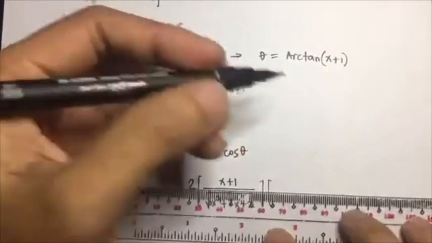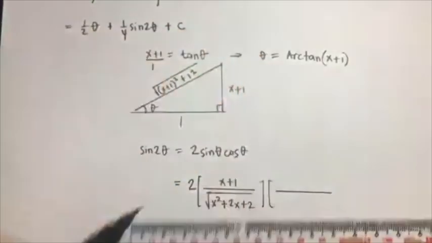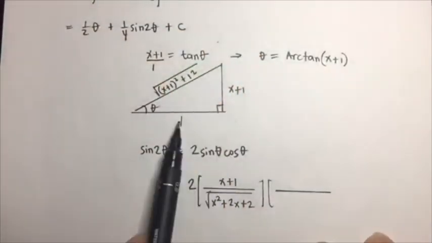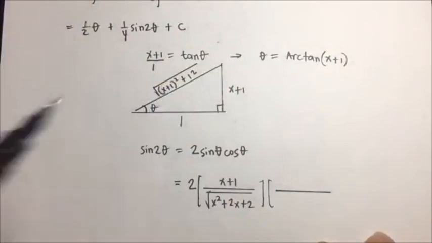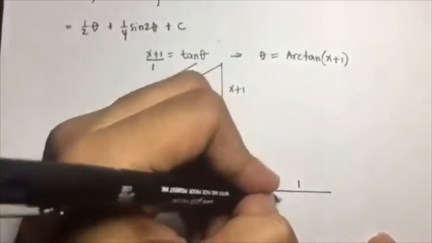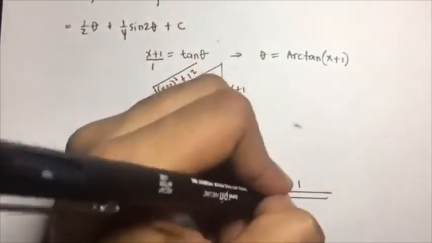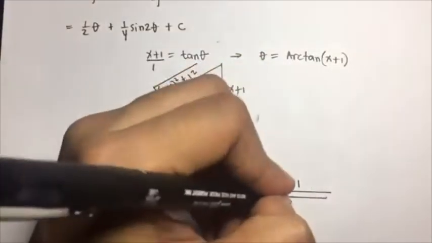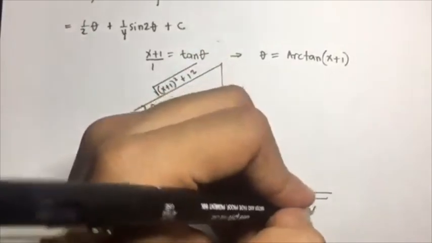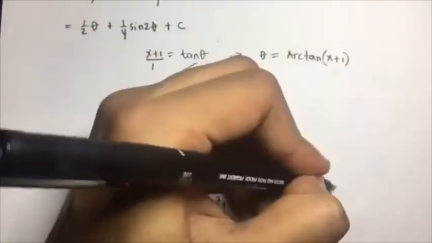For cosine, cosine is adjacent over hypotenuse. So the adjacent side is 1, and the hypotenuse is still the square root of x squared plus 2x plus 2.